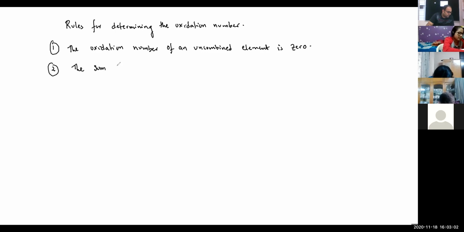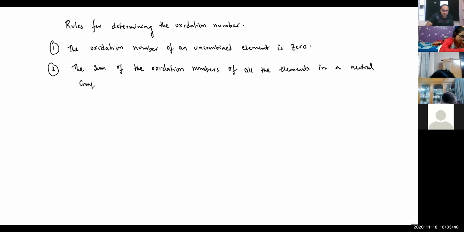The sum of the oxidation numbers of all the elements in a neutral compound is 0.